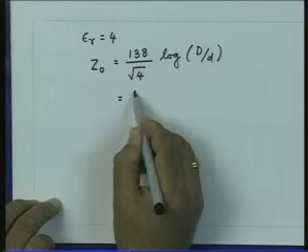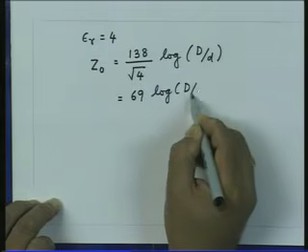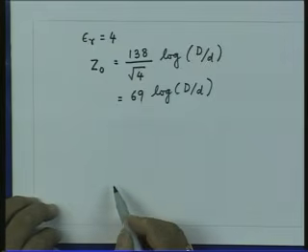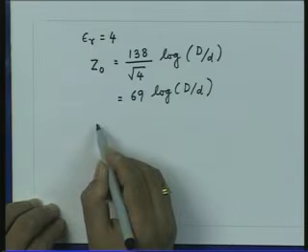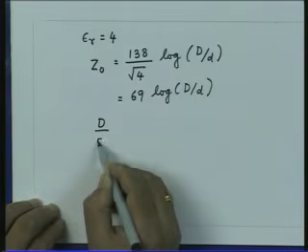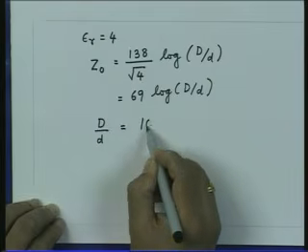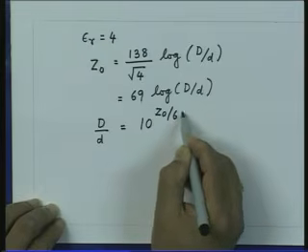So that is 69 log of D upon d. By inverting this relation, I can get the ratio D upon d equal to 10 to the power Z0 upon 69.